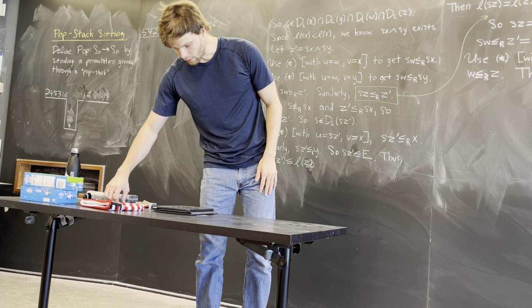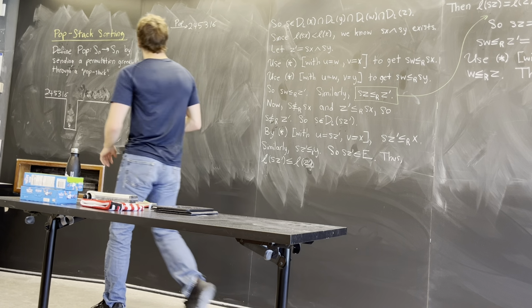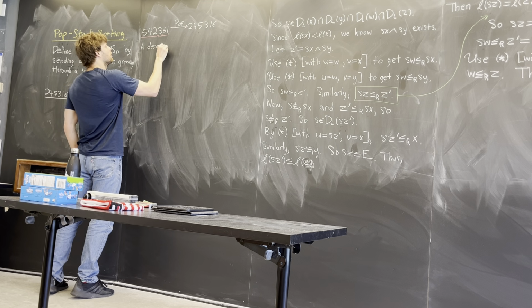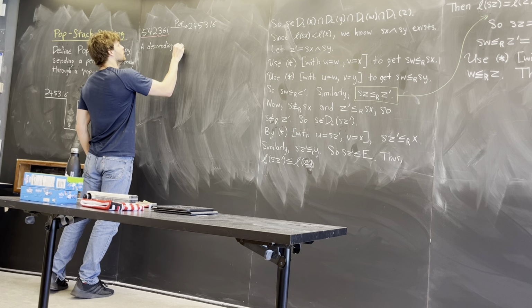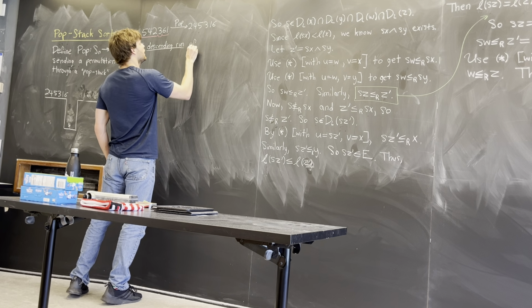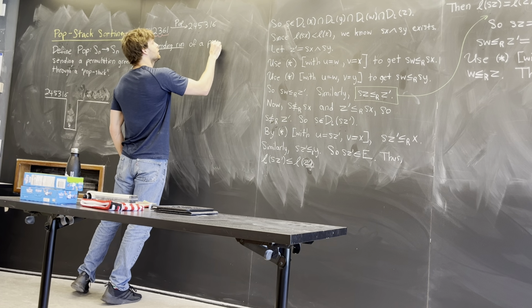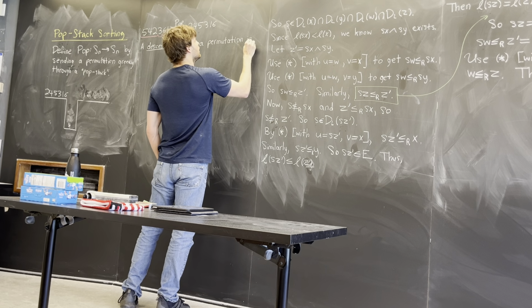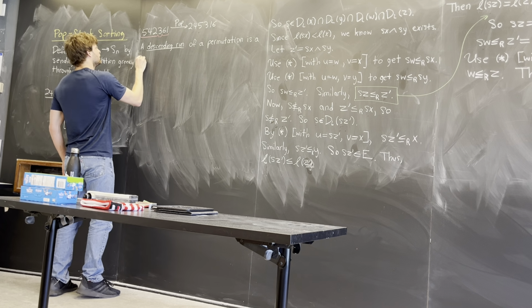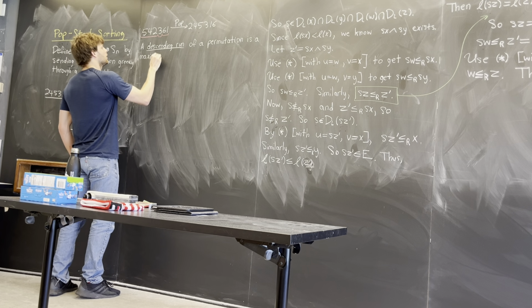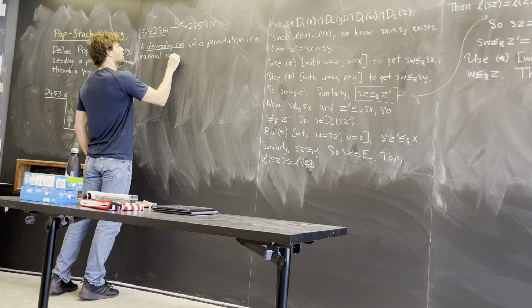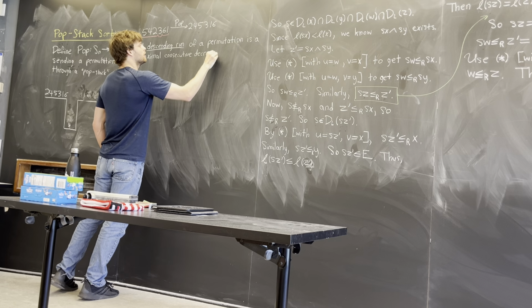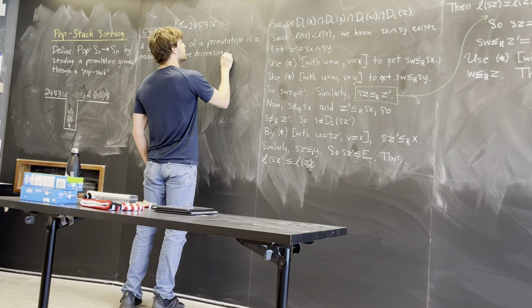So let me write this down. A descending run of a permutation is a maximal consecutive decreasing subsequence.